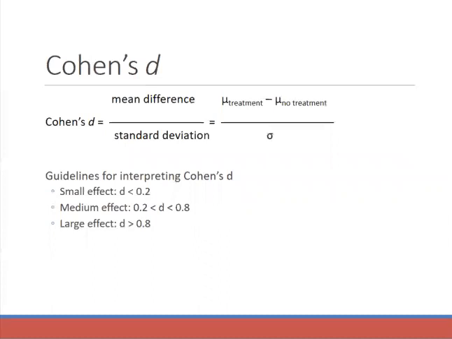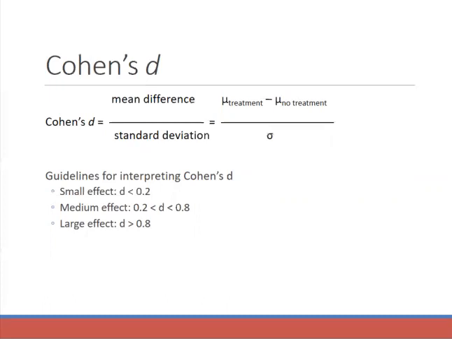For a z-score hypothesis test, we're looking at the mean difference, which is the population mean before treatment and the population mean after treatment. We don't know this, so of course we use the sample that got the treatment as an estimate. Cohen's d tells us how big the treatment effect is relative to the standard deviation.